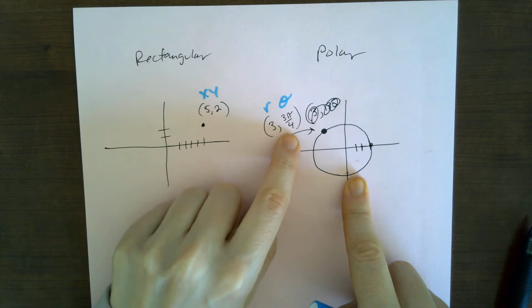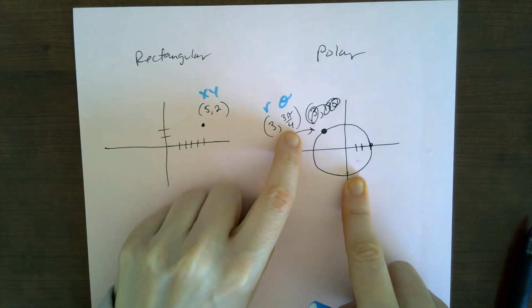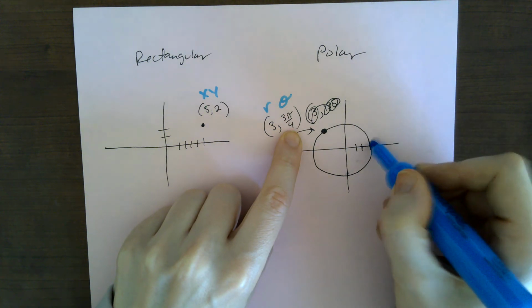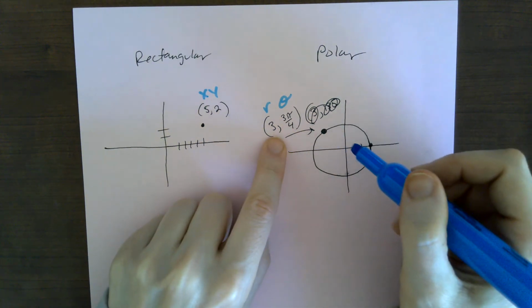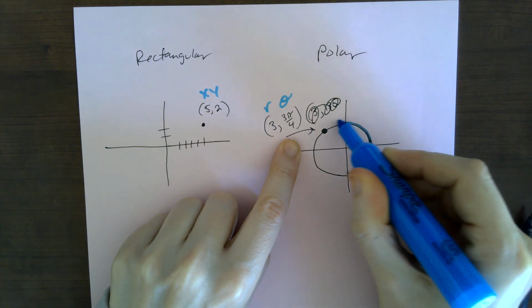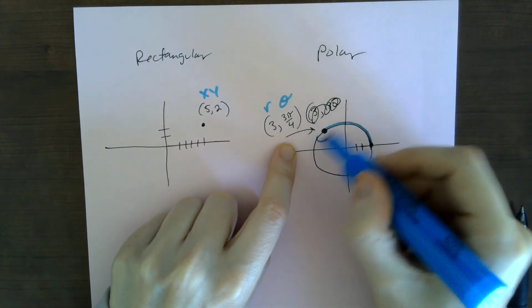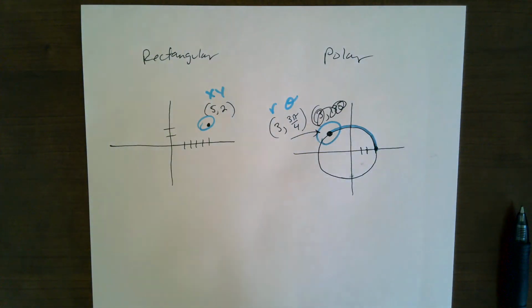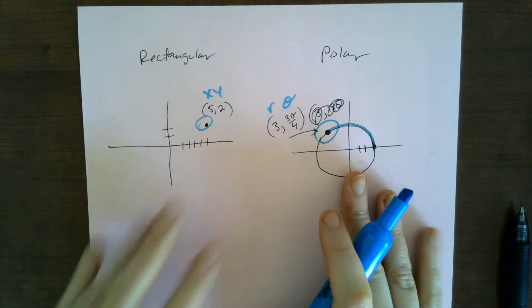And then the second coordinate is not a y coordinate, it's theta, and it tells you how much you rotate on the original circle, how much you rotate from here to get to the point. Okay, so a coordinate system is just a way of stating location. So these are two different ways of stating location.